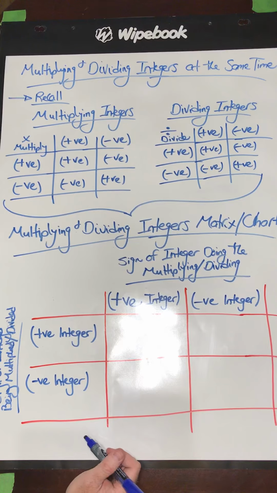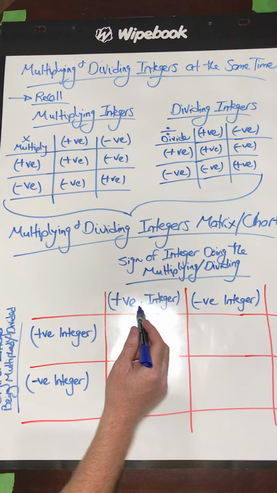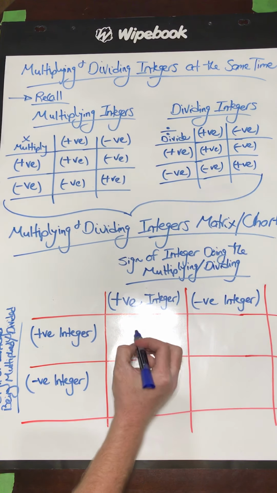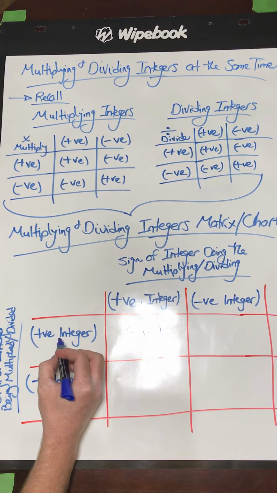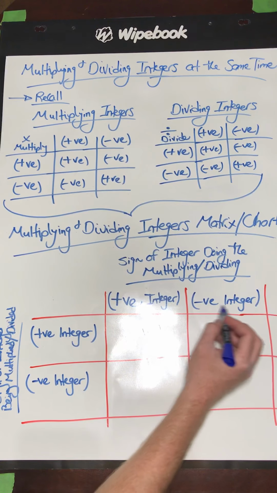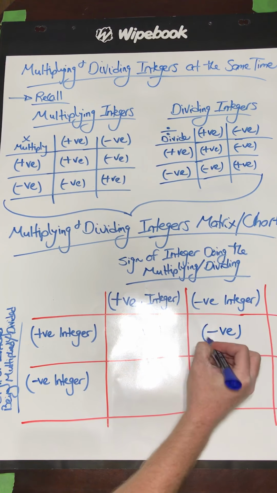And we can fill that in, because if I have a positive integer that is being multiplied or divided by another positive integer, it's going to result in a positive integer. If I have a positive integer that is being multiplied or divided by a negative integer, it's going to result in a negative integer.